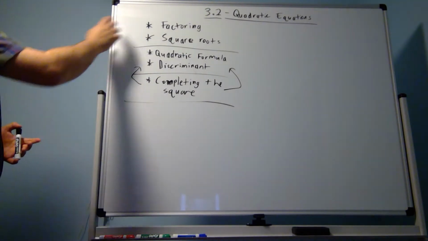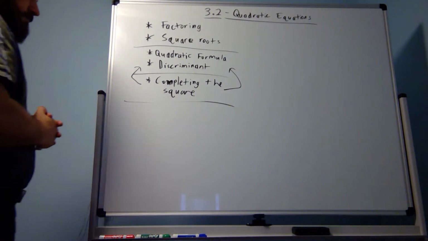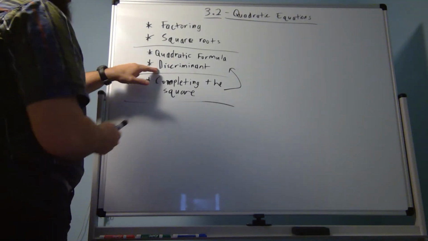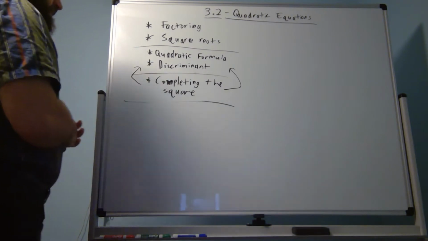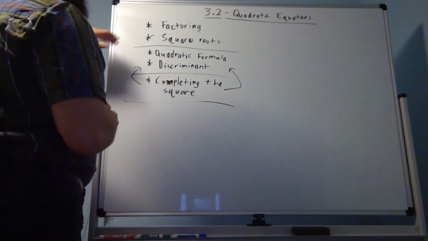If you're lucky, these 2 are easier and faster if it jumps out at you. And this other one is kind of related to the quadratic formula, the discriminant. Well, anyways, we'll talk about that when we get to it. But that's sort of the outline.